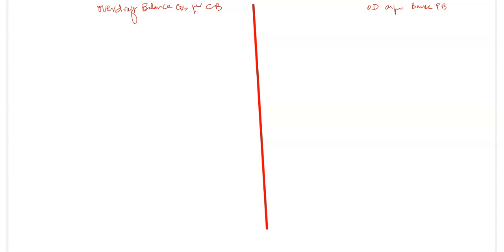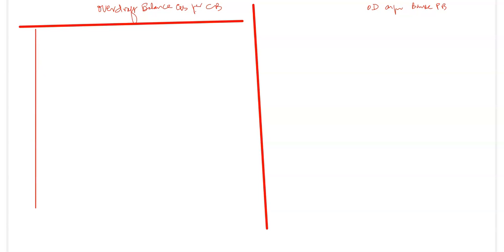So I'll prepare the format of cash book with bank column. I need some space to write the date and note down the particulars.